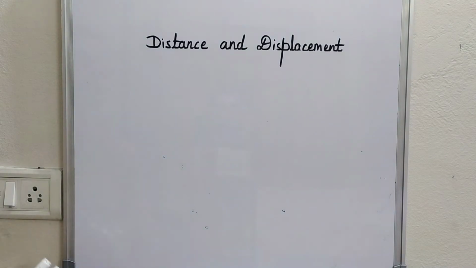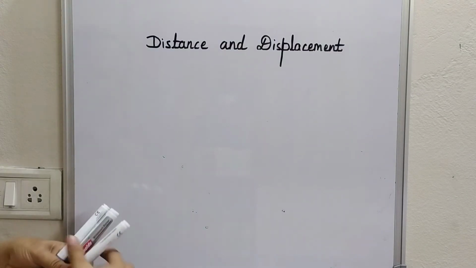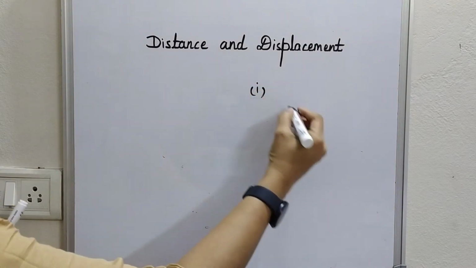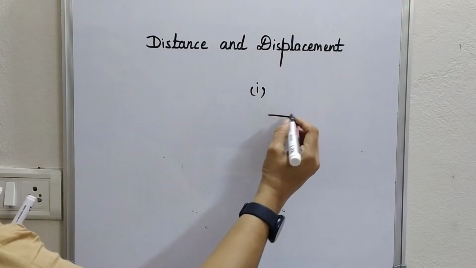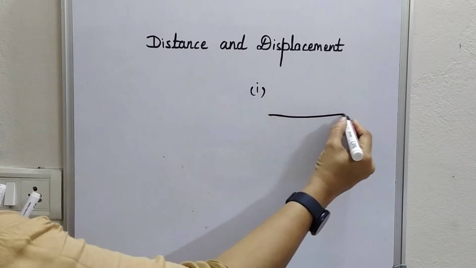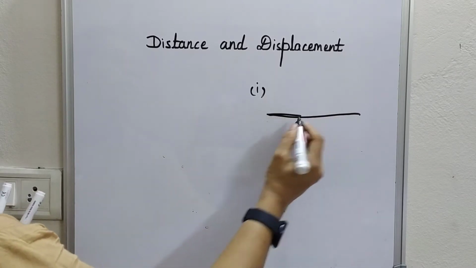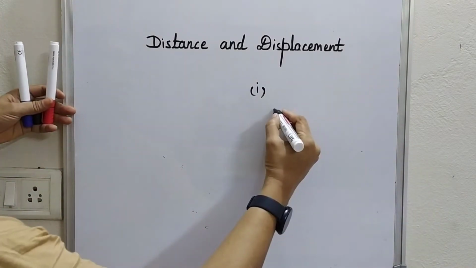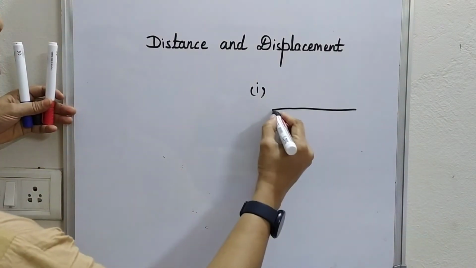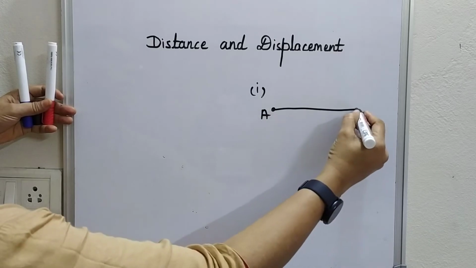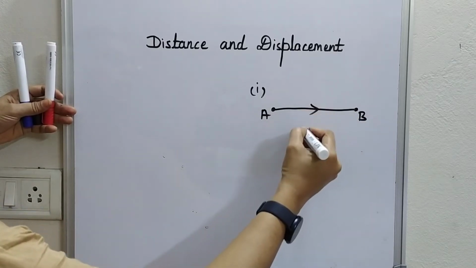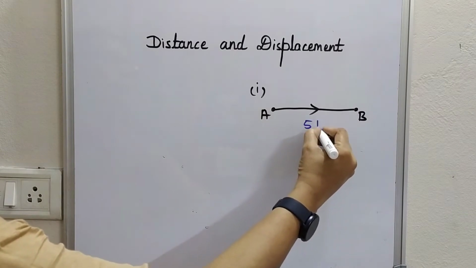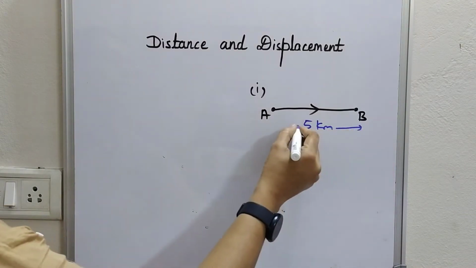So, let me consider the case of a straight line. Consider a body traveling in a straight line from point A to point B. The distance between these two, we say, is 5 kilometers.